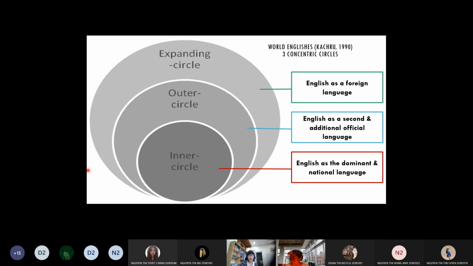But in Vietnam, when you go out of the class and you want to practice English, people will look at you. It's like something very weird, right? So if English is used as a foreign language, then the learners will not have enough chances to practice the language outside the classroom. And that's the implication to English language teaching in those countries.